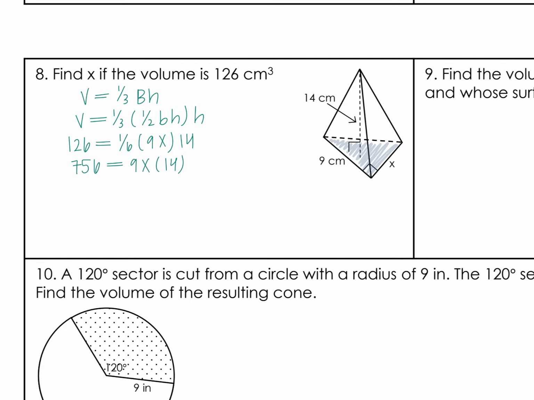When I divide both sides by 9, I'm going to get 84 is equal to 14x. Then dividing both sides by 14 will leave me with x equal to 6 centimeters.